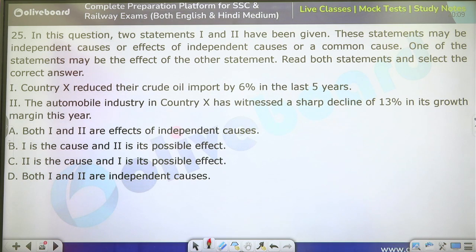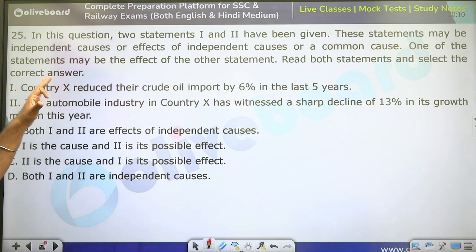Common misconception for a lot of students. See, generally what happens is, this is the cause and effect question, okay?